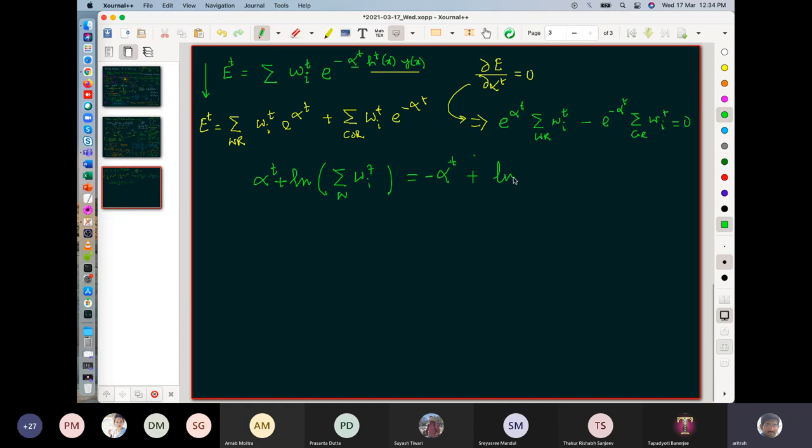Putting it this side, this implies alpha t is equal to half, because the 2 comes to this side, ln of the sum over correct points w_i^t divided by the sum over wrong points w_i^t. Am I right in this derivation?